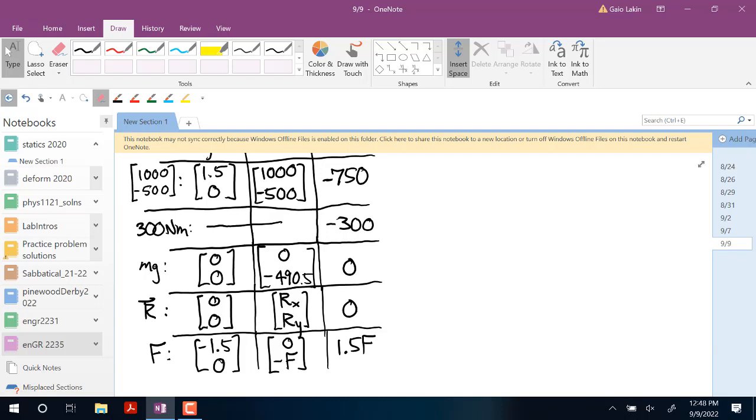If we add up everything in the force column, set that equal to 0, that's Newton's second law. Add up everything in the moment column, set that equal to 0, that's the moment equation.